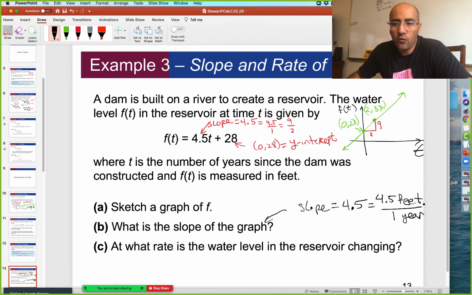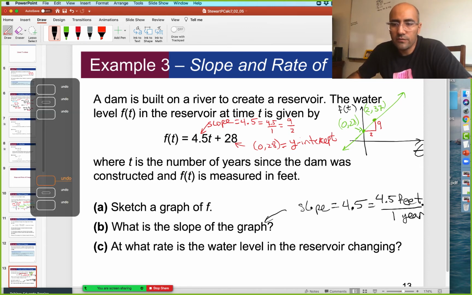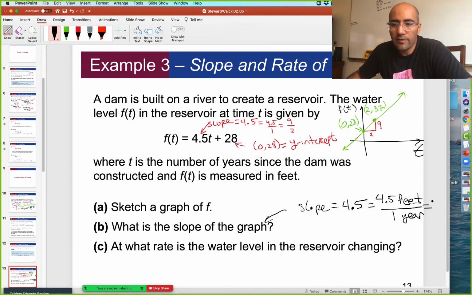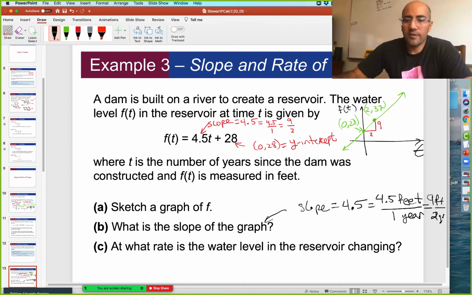Or as we did before, we can change this to 9 over 2 by multiplying both numerator and denominator by 2, or 9 feet per 2 years. Any questions about that?